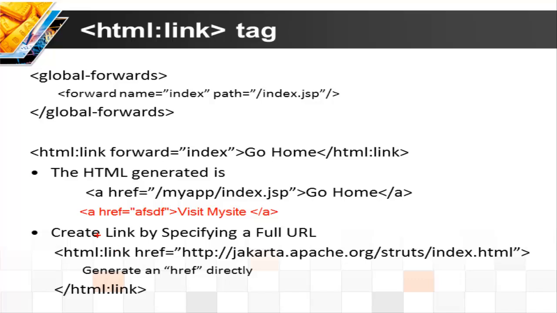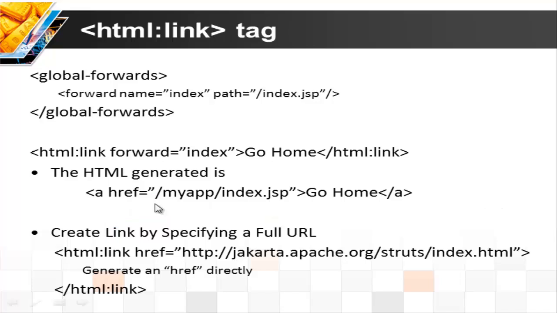This one is identical to that. So how is it going to appear? In your page, it's going to appear as "my site" with an underline to say that it is a hyperlink. When you click on it, it's going to take you to this location. Whichever location you type, it's going to take you there. It's going to create a hyperlink.